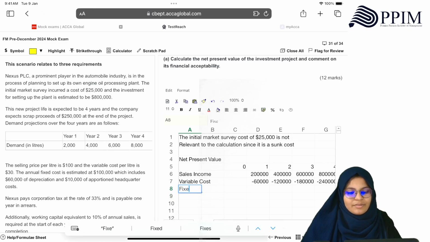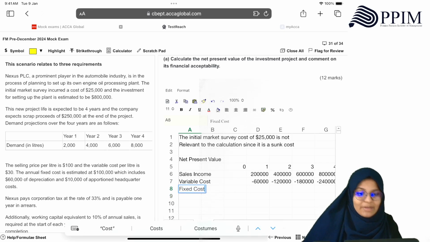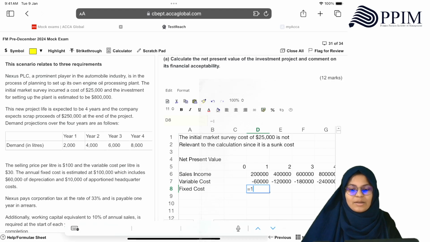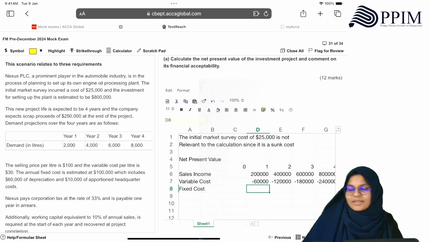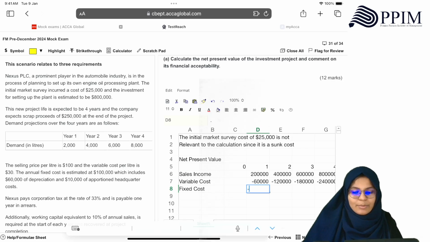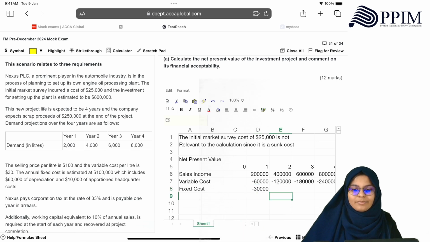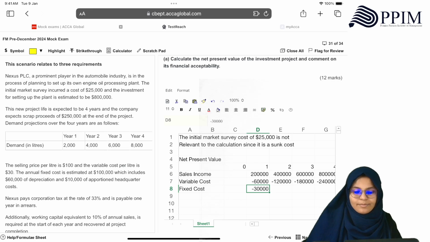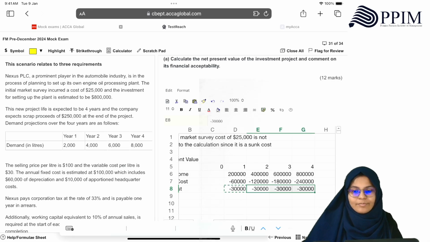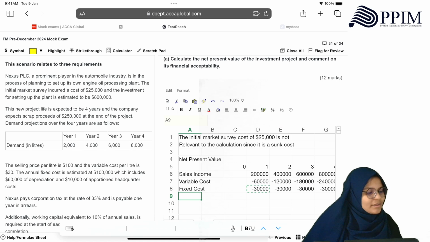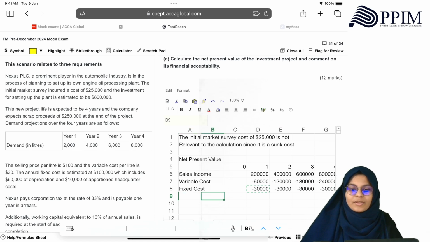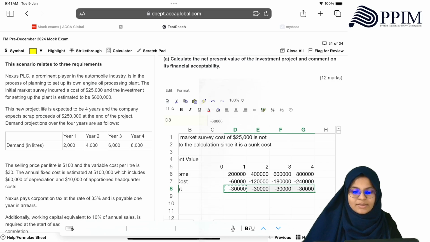Then we have the fixed cost component. They're telling me it was 100,000, but you have to deduct the 60,000 and 10,000. So that will be 100,000. Okay, this you don't need the working because it's straightforward. So 100 minus 60, 40 minus 10, 30, right? So I'll just directly put it as 30,000 because I can copy it to all this. Okay, so that is the main part. Okay, so now you can underline this.